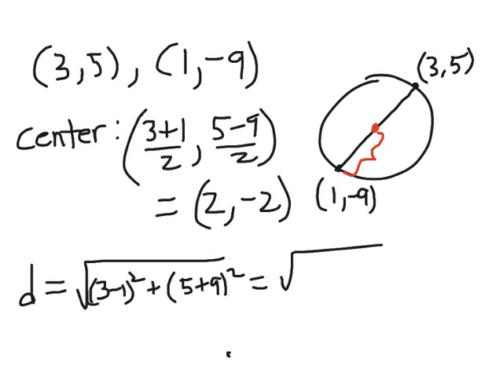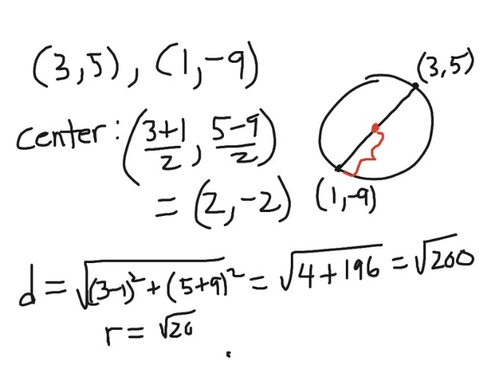So that's the square root of 3 minus 1 is 2, 2 squared is 4, plus 9 plus 5 is 14, and 14 squared happens to be 196, so we end up with the square root of 200. That's the distance between those 2 points, so the radius would be half that: the square root of 200 over 2. That radical could be simplified, but I'm just going to leave it like that for now.